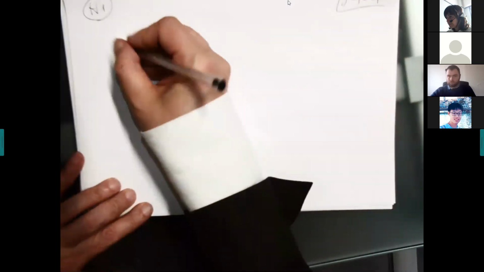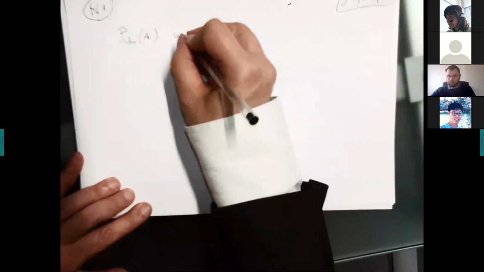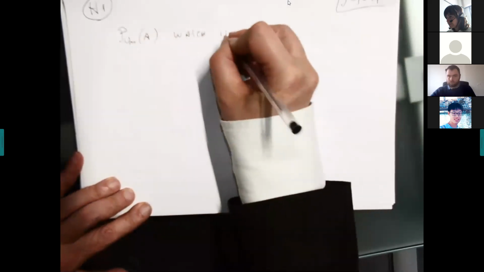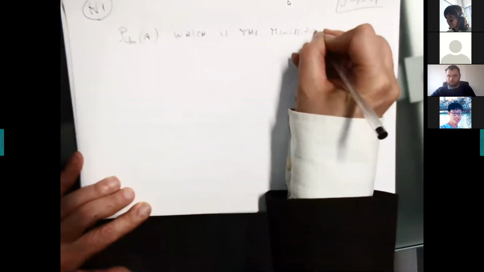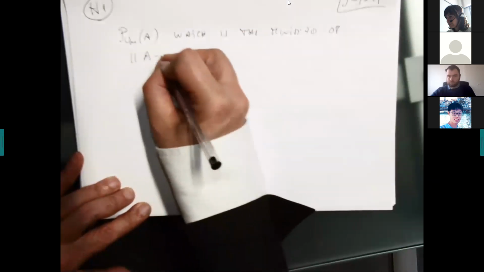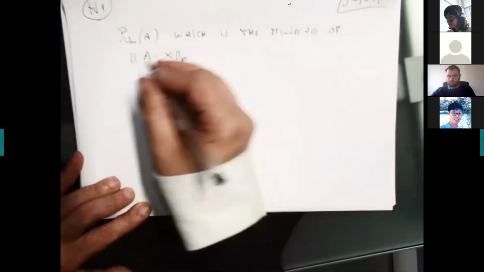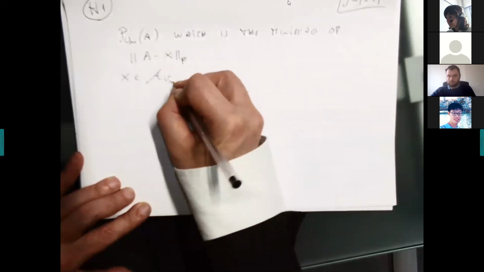I want to consider P_U_n(A), which is the minimizer of the Frobenius norm of A minus X, for X belonging to the algebra A_U_n.